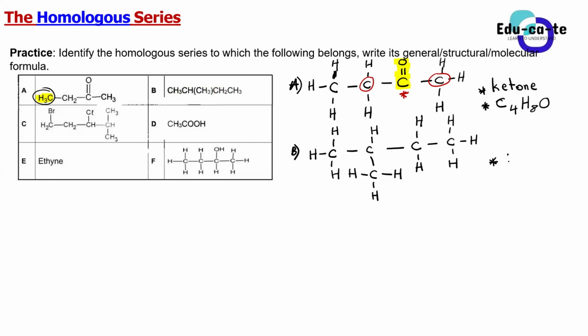Because it only has single bonds and contains carbon and hydrogen. It has single bonds between carbon atoms, and it's also a hydrocarbon. It only has carbon and hydrogen atoms. Spot on. Okay, what is the molecular formula for this compound, guys? What is the molecular formula?